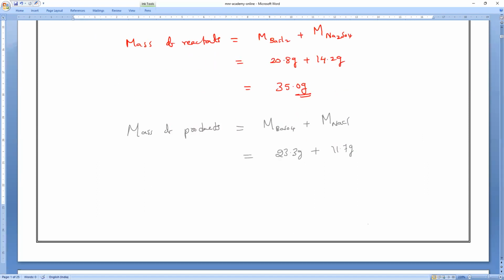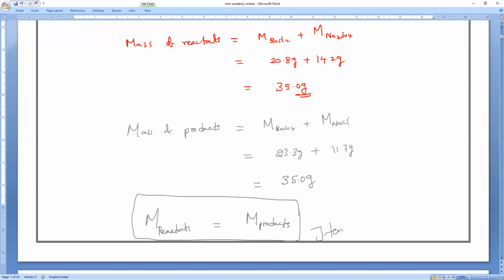So what is the total, everybody? 35 grams. Understanding? So from this I can say mass of reactants equals what? Mass of products. So hence what has been proved, everybody?